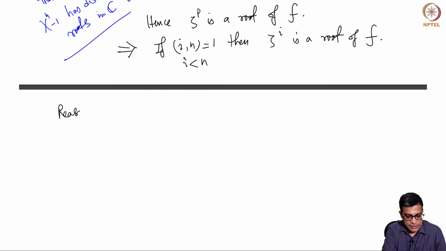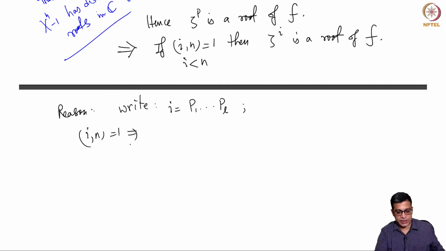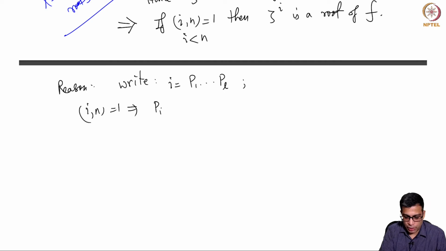The reason is we write the prime factorization of I. Let's say I equals P1 through PL. Since I and n are co-prime, the GCD is 1, which implies P1 through PL do not divide n.